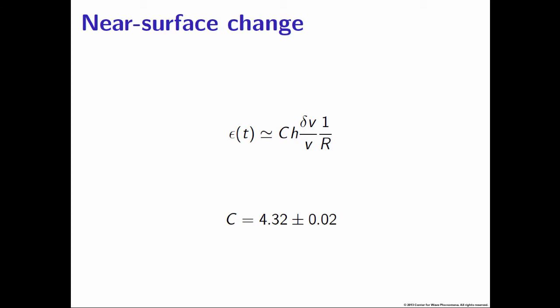But it also depends on some other parameters: the h edge, which defines the depth extent of the velocity change, and also the magnitude of the fractional velocity change present in the subsurface.